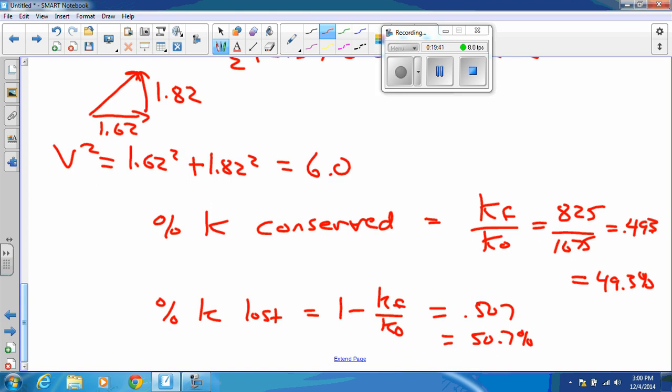Totally inelastic collisions will always lose some kinetic energy. And the amount that is lost is going to depend upon the relative masses of the two, and also the angle that they collide at. But the key step here was computing the v squared with the Pythagorean theorem. That's the slightly tricky part of the process.